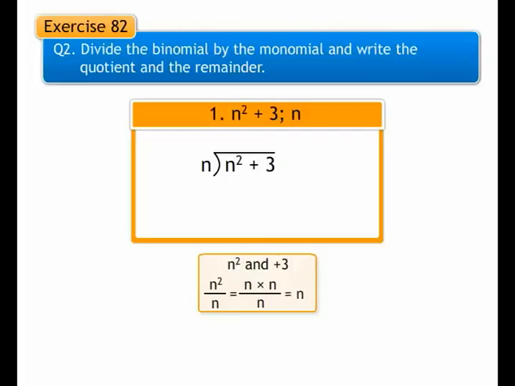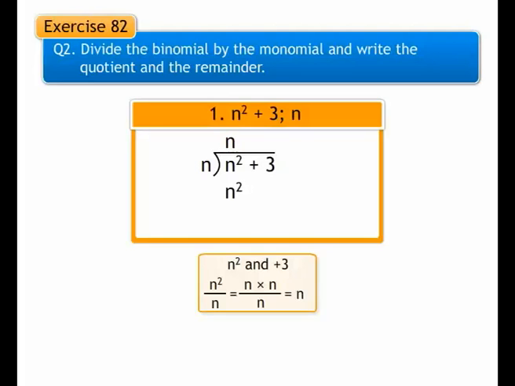Now we will write n as the first part of the quotient above the line and the product of n into n, that is the product of the divisor and the quotient, which is equal to n square, exactly below the first part of the dividend.